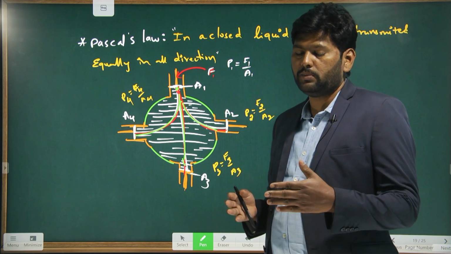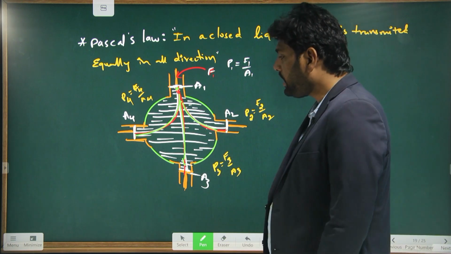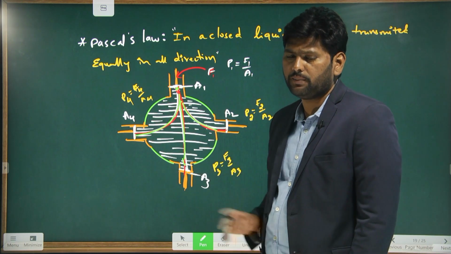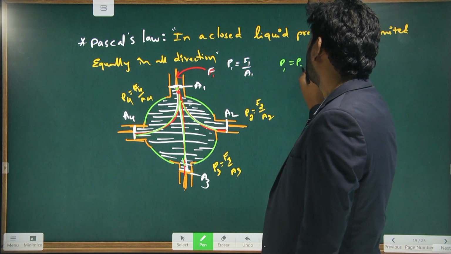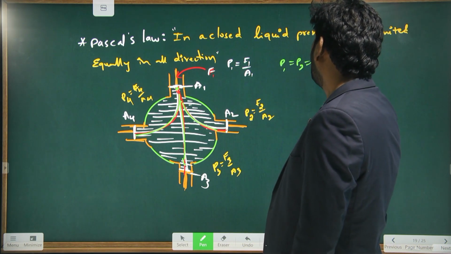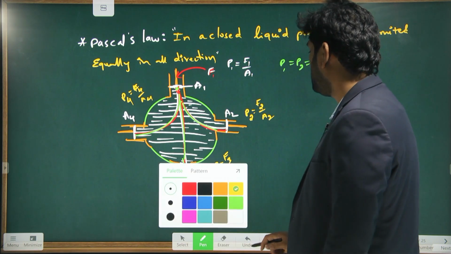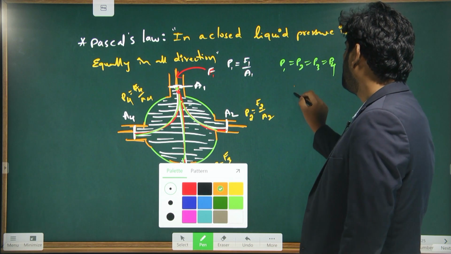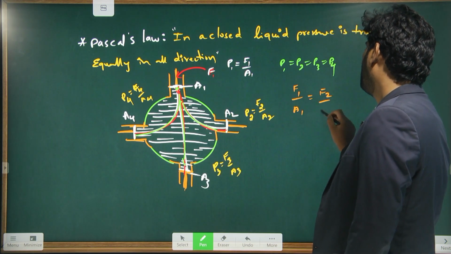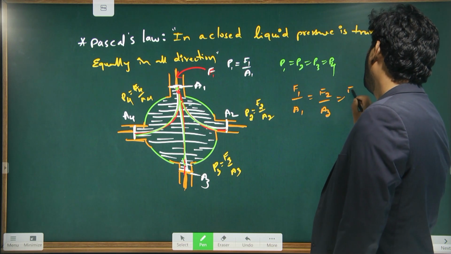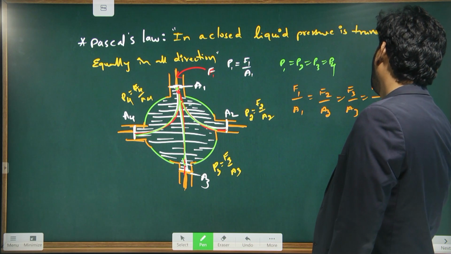That incompressible liquid passes the same pressure to all the pistons, which means P1 is equal to P2 is equal to P3 is equal to P4. So by using this I can write F1 by A1 is equal to F2 by A2 is equal to F3 by A3 is equal to F4 by A4.